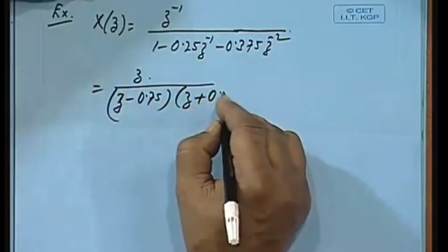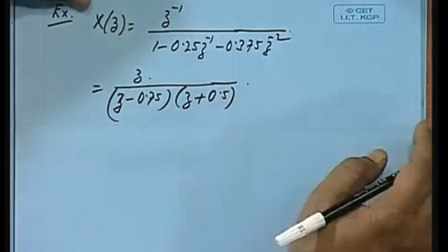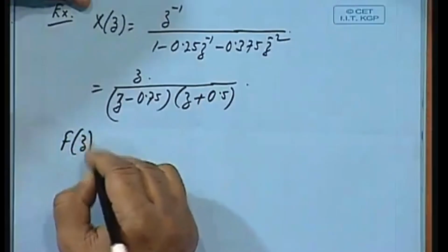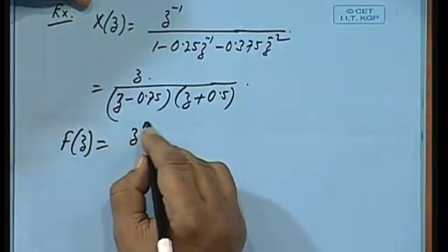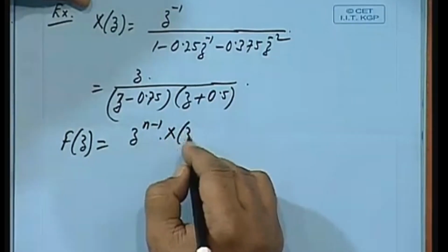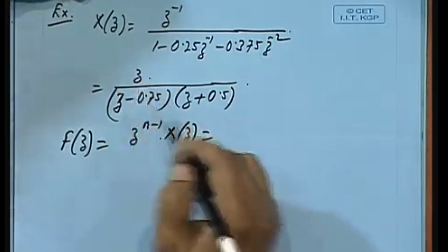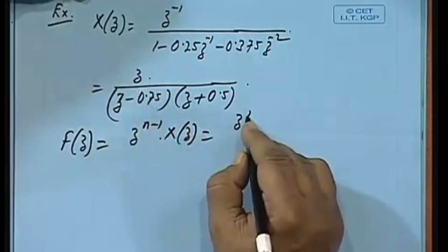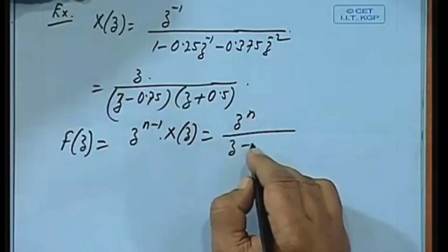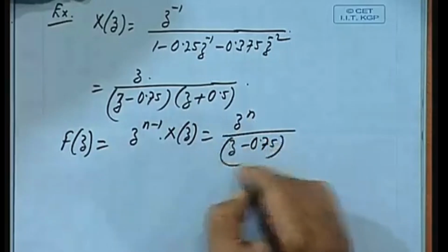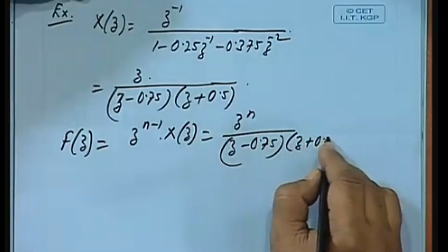So, f(z) will be z to the power n minus 1 into X(z), which gives z to the power n by (z minus 0.75)(z plus 0.5). So, you can evaluate x[n] by that method of residue.